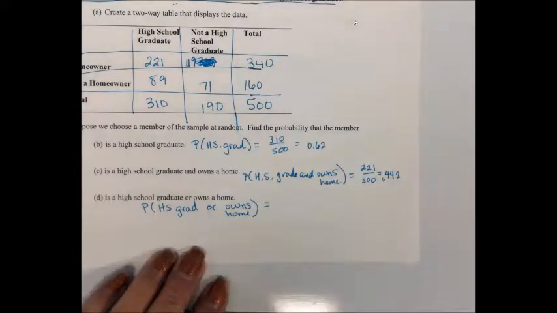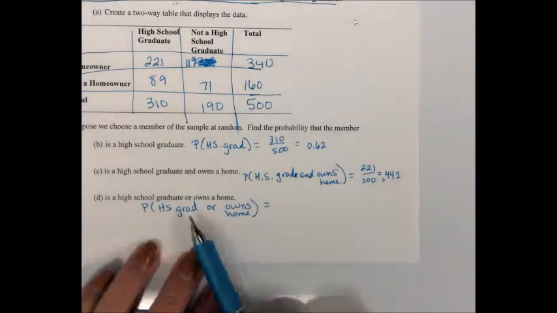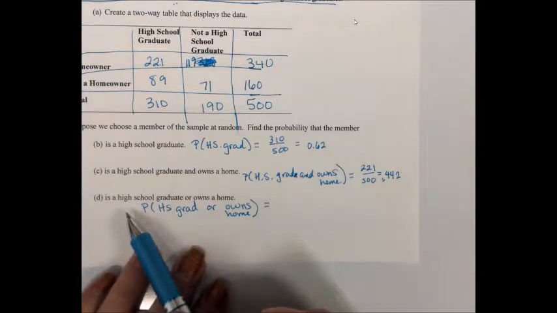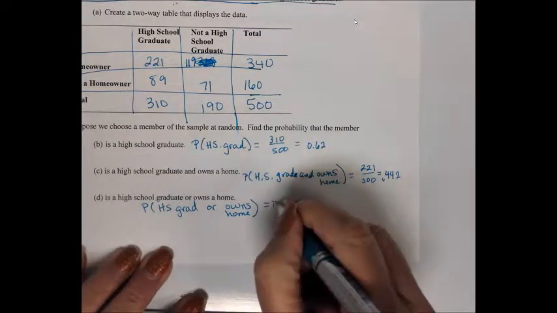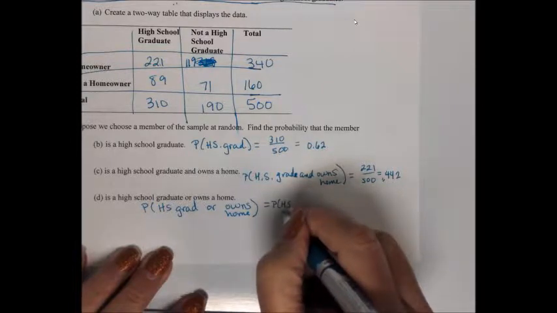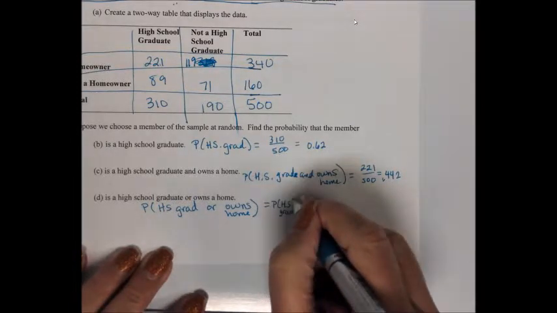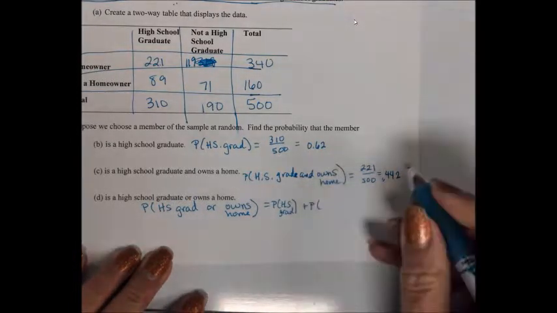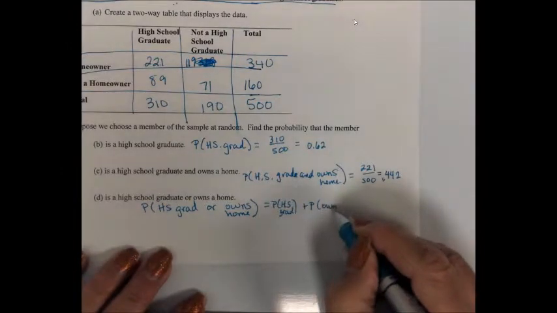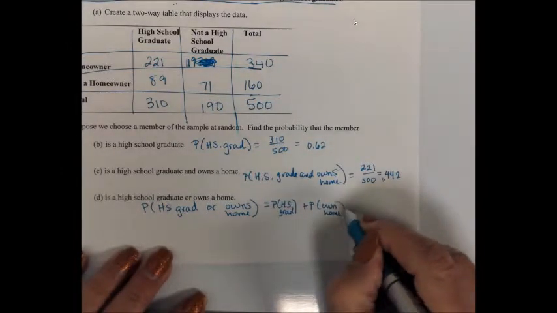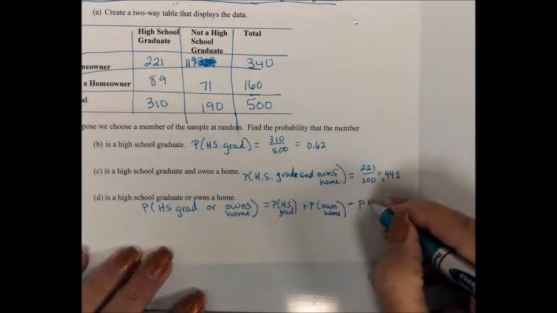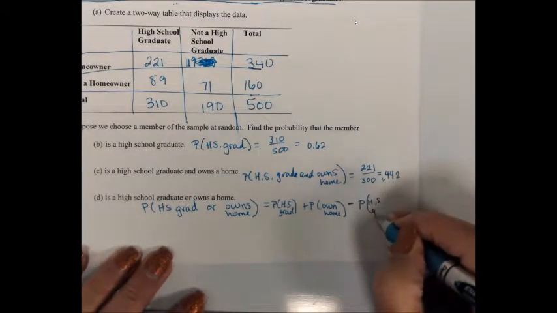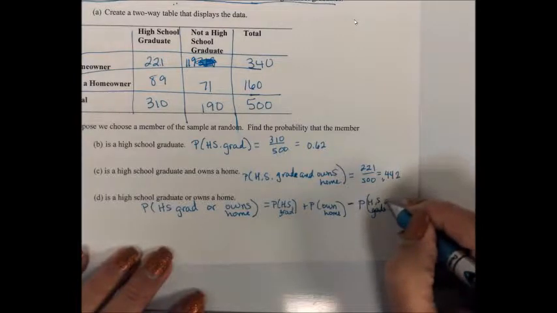Okay, so how can I do this? So what's the probability that they're a high school graduate or owns a home? So if I do the probability that they're a high school grad plus the probability that they own a home, but some are in both, so I want to subtract out the probability that they're a high school grad and owns home.